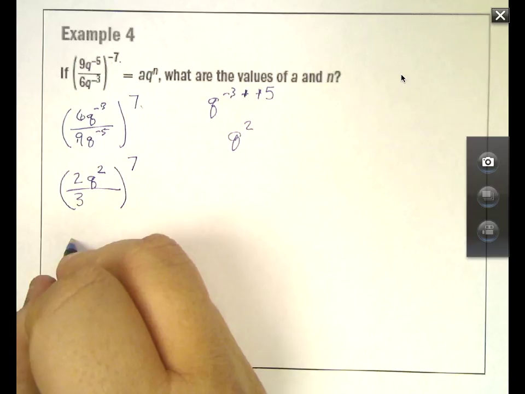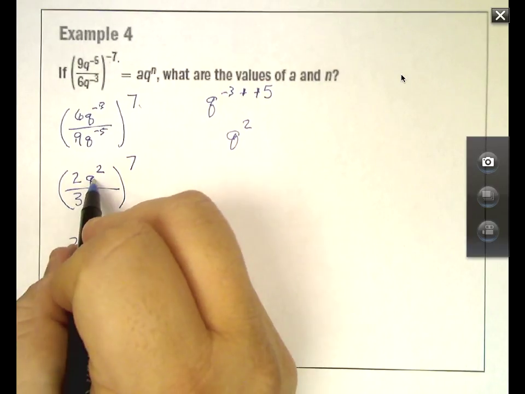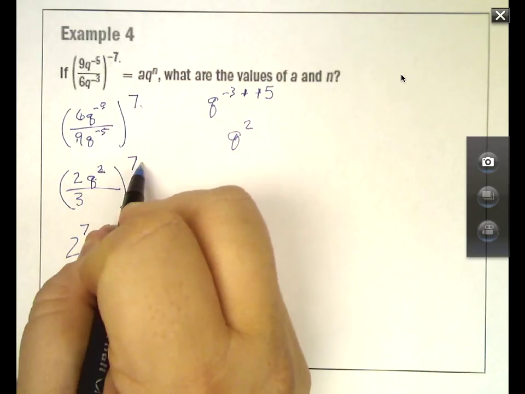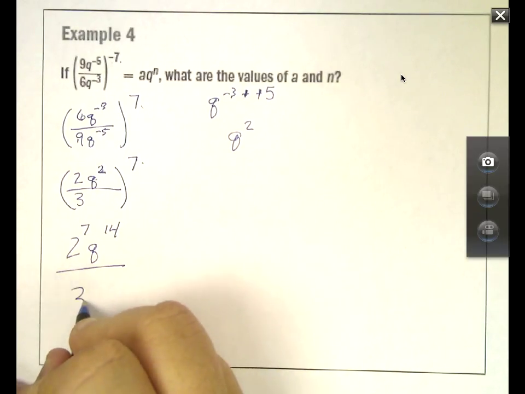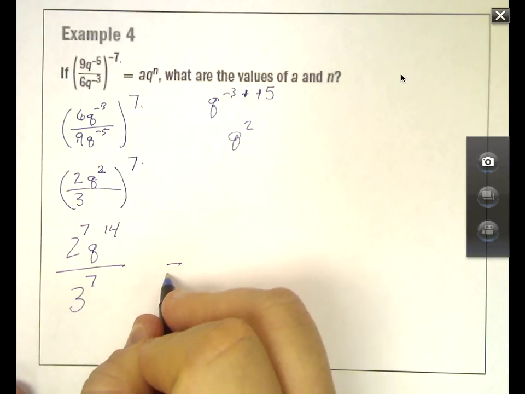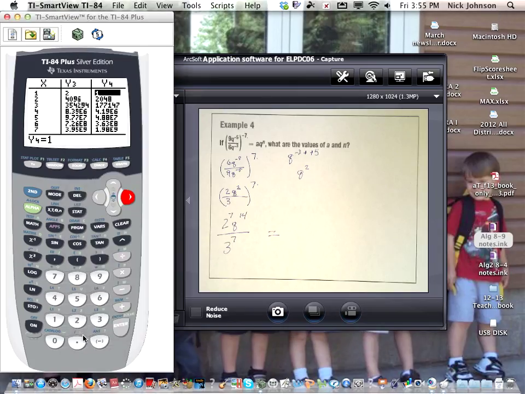Now, what I need you to remember is this 7th power goes on everything in here. So it becomes 2 to the 7th, q to the 2nd times 7. What's 2 times 7? 14, divided by 3 to the 7th. Equals.